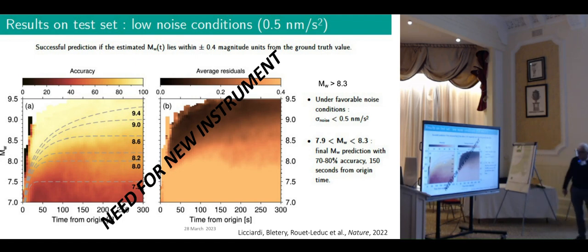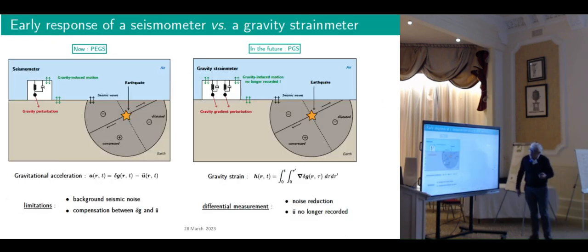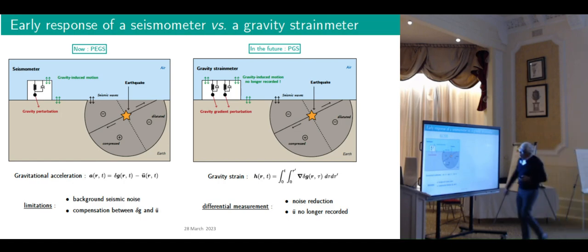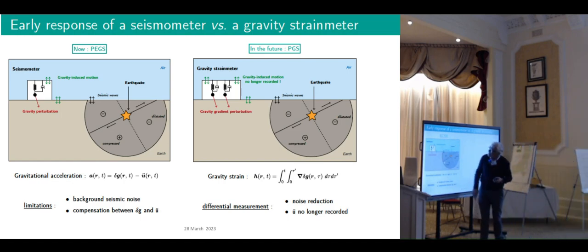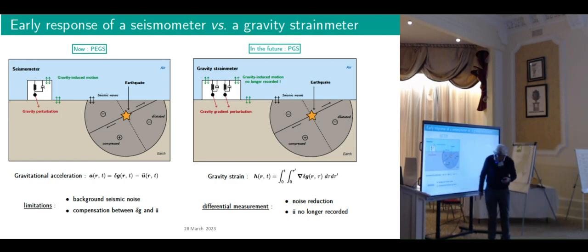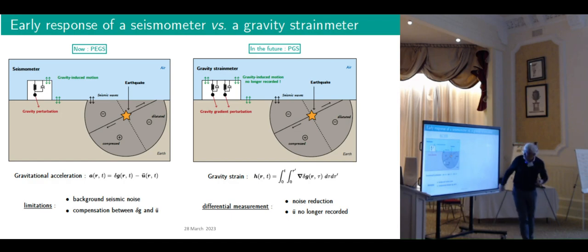And again, we started to work with our friends from the gravitational wave community. So far, we detect PEGS with broadband seismometers. But as I told you, we have this problem of the gravitational acceleration, because we can only measure the difference between delta g and the acceleration of the ground.